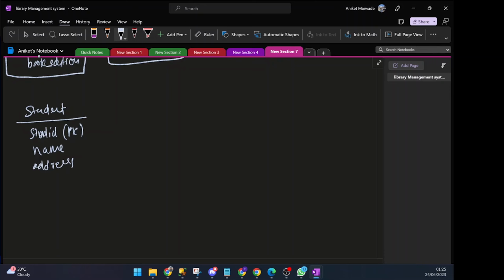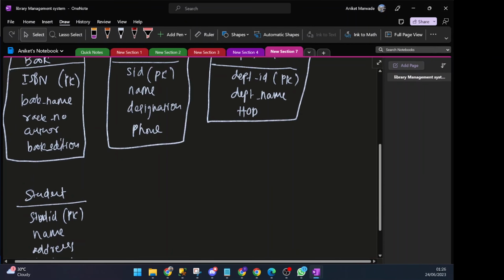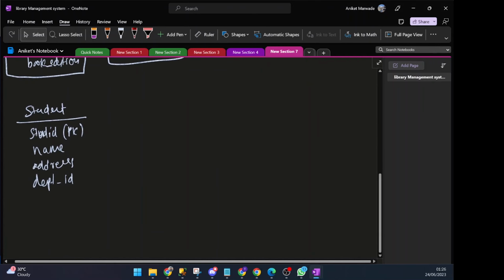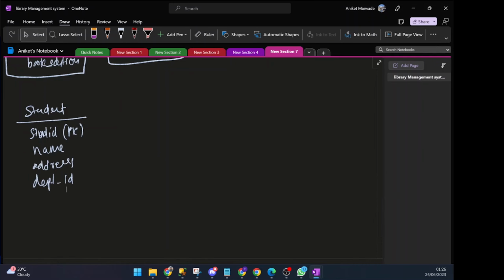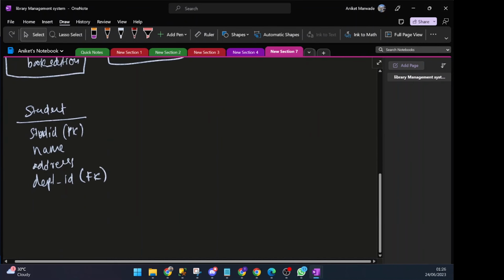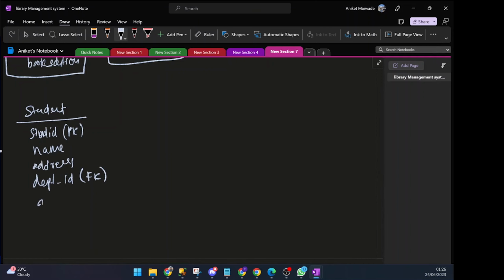The student table will have the department ID, like which department the student belongs to. So we will have here a department ID. Since we have a department table here, with primary key department ID, and since there will be multiple students from multiple departments in the student table, we'll consider this as a foreign key, which will refer to department ID in the department table. And again, what we can have in student table is department name.